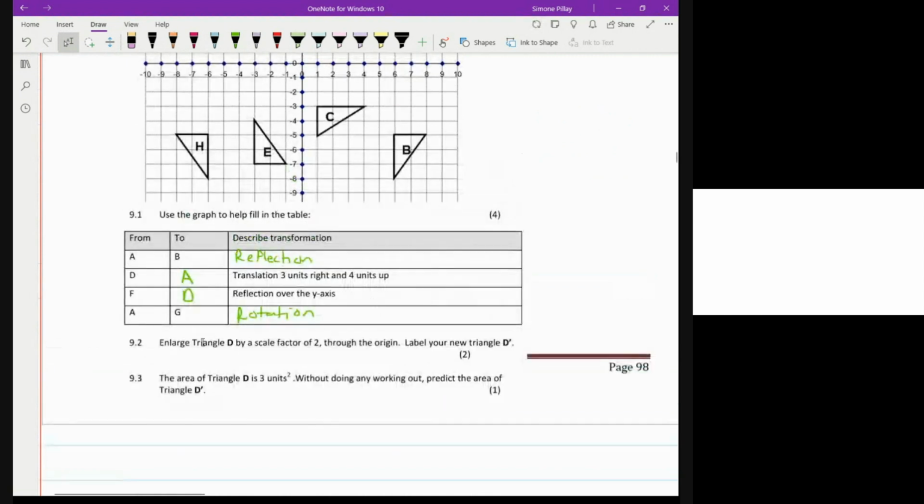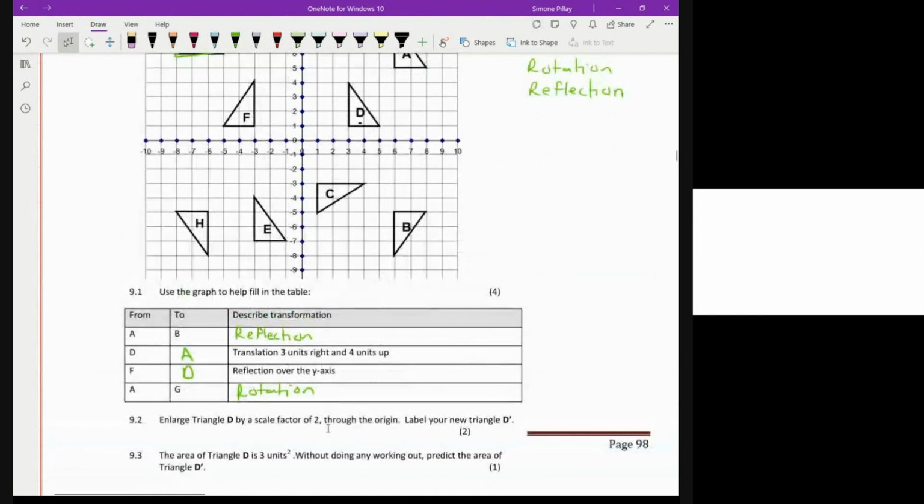It's asking us to enlarge triangle D by a scale factor of 2 through the origin. So triangle D, enlarge it by a scale factor of 2. When they're talking about a scale factor, all that they're saying to you is that you have to make it 2 times bigger. And so you're going to enlarge it through the origin, meaning you are going to still keep it in the same place in relation. So here, if it's now 3 blocks away from your origin, you're now going to make it times 2. So you're going to make it 6 blocks away.